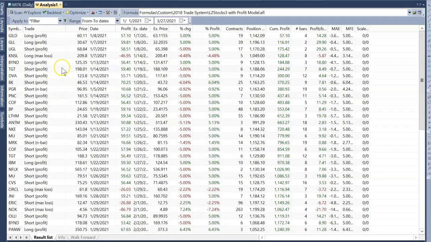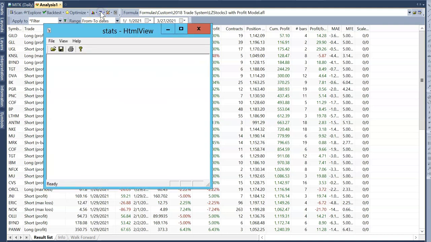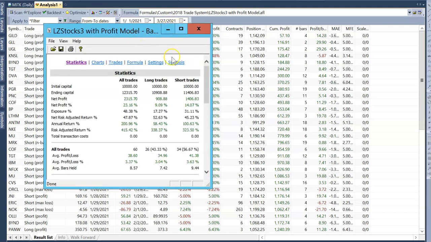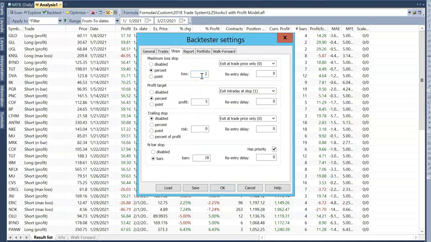And this gives me all the trades that I would have placed since the first of the year. And then I can look at a report. I started out with $1,000. My stop loss was at 2%. My profit target was 5%. And after 18 bars or 1 month, I get out of the trade. That's the criteria I'm using.